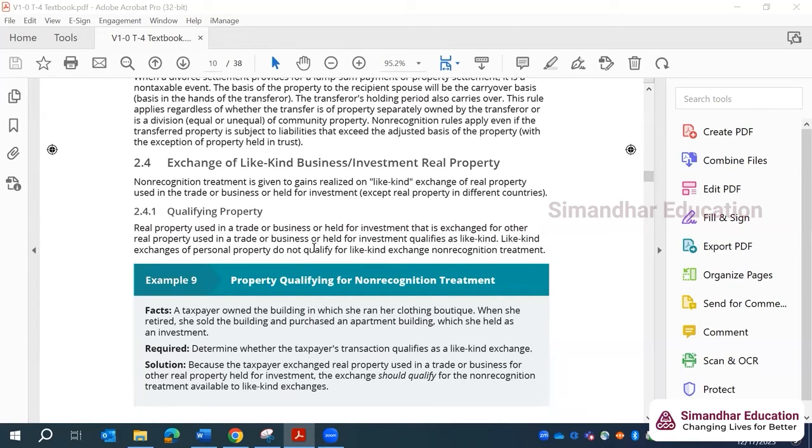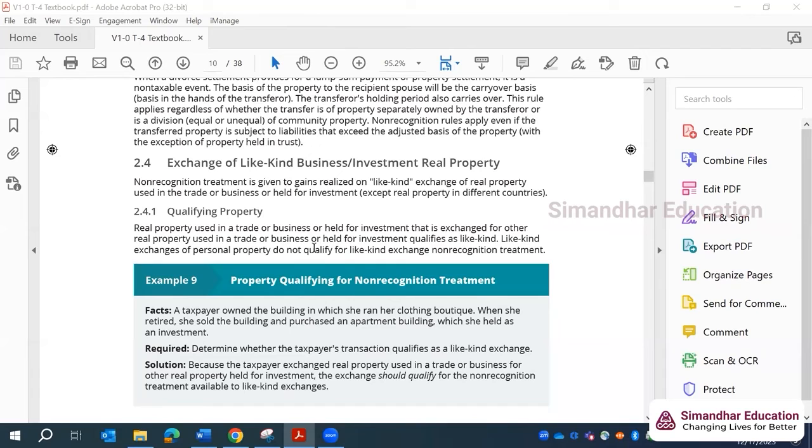All right. So till now, we have done 3 transactions. Under homeowners exclusion, you were able to exclude gains, but there was nothing related to losses. Under involuntary conversions, you were able to defer the gains, but if you had a loss, you would recognize the loss immediately and close the transaction.